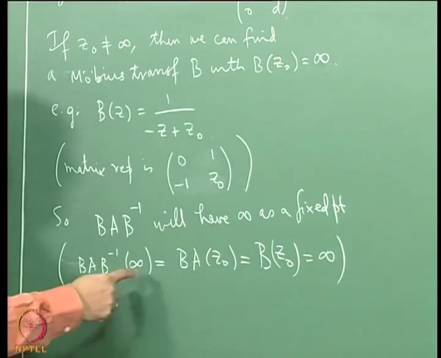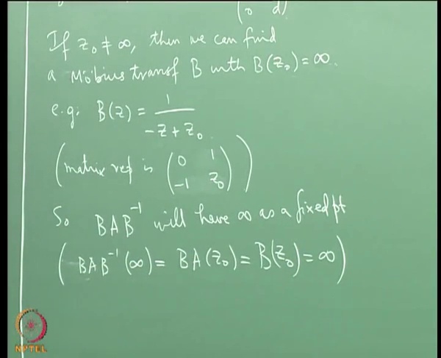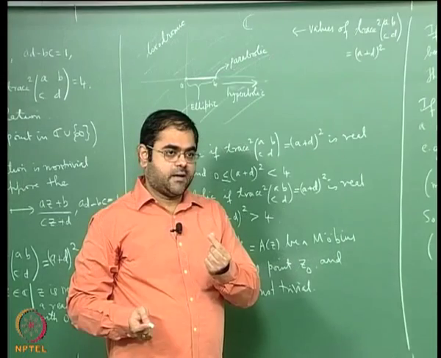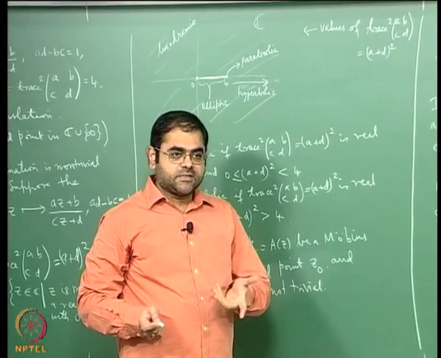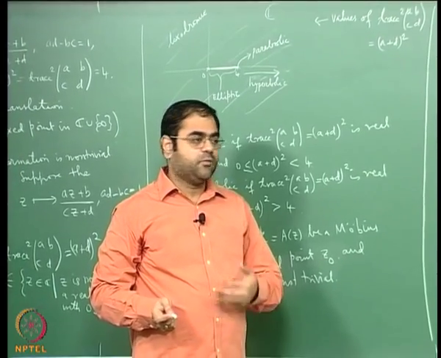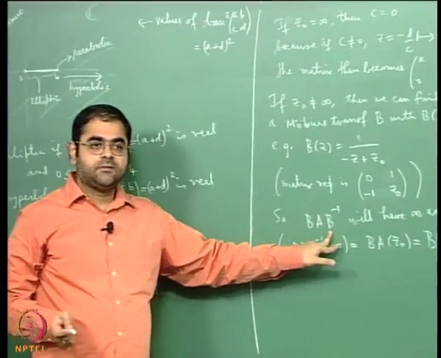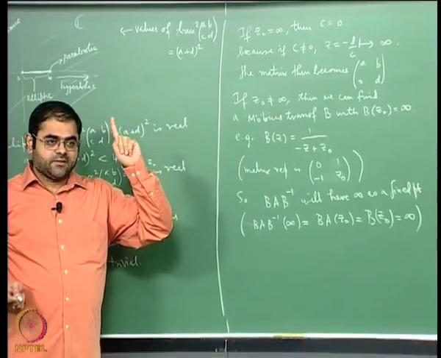So B A B inverse of infinity is infinity. Moral of the story: if you have a fixed point at z0, I can always conjugate it so that the new transformation after conjugation has a fixed point at infinity.